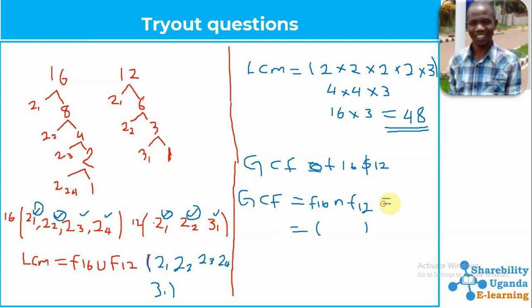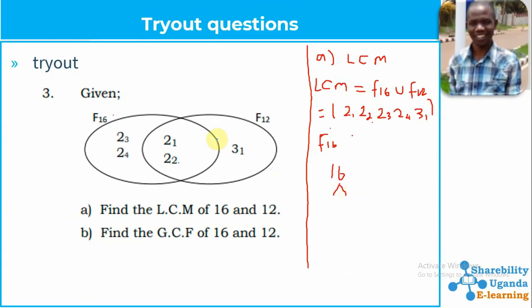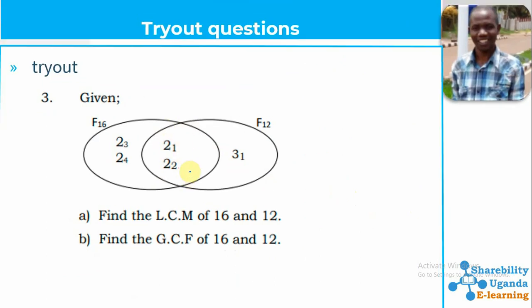So this is going to be equal to our intersection, which is 2^1, then 2^2. Those appear in both of them. To refer back to the question, the 2 that we are getting is in the intersection.